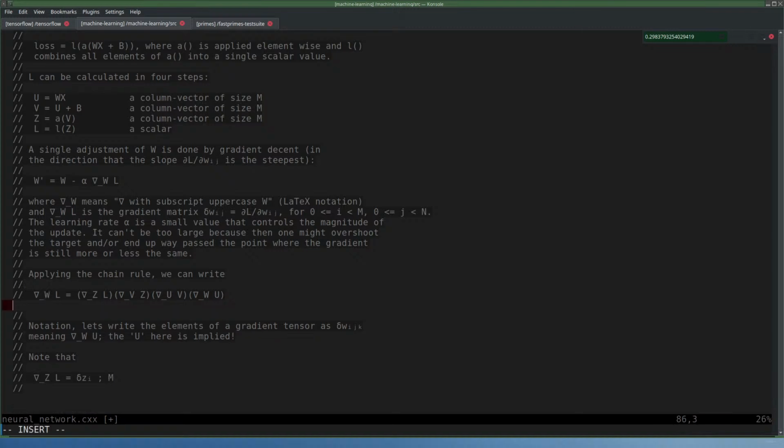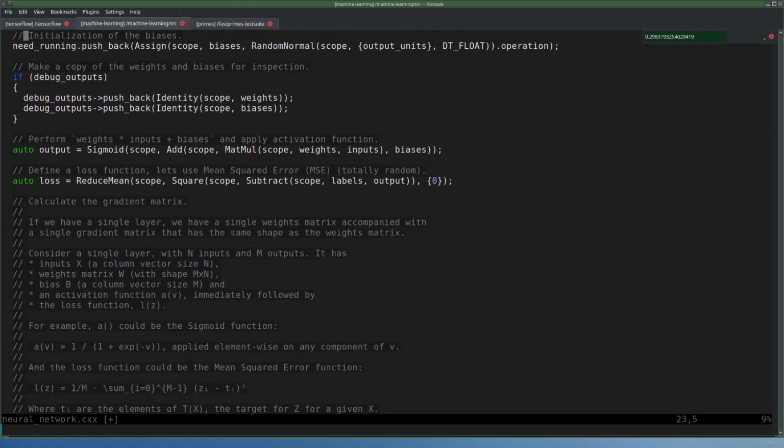So that's going to be a matrix with the shape equal to the weight matrix, which is output cross inputs. So that would be that. I think I already have written down what W is. Yeah, weight matrix, shape M cross N. So you have N inputs and M outputs.